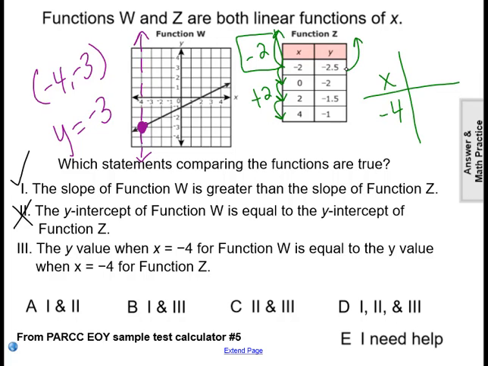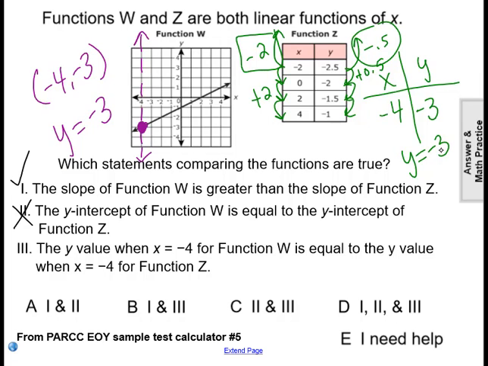Now, going from negative 2.5 to negative 2 to negative 1.5 to negative 1, we were adding 0.5. So we need to subtract 0.5 to get a y value. If we subtract negative 2.5 minus 0.5, that gives us a y value of negative 3. So the y value will be negative 3 when x equals negative 4 for the table.